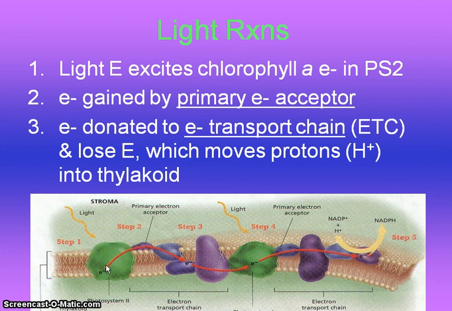So those electrons from photosystem 2 will move to the next molecule in the membrane, which is called the primary electron acceptor. From there, they will continue down this chain of molecules until they reach photosystem 1. This is called the electron transport chain, or ETC. Now, as they go, they will lose energy. Just like us, the more you move, the more energy you're going to lose.